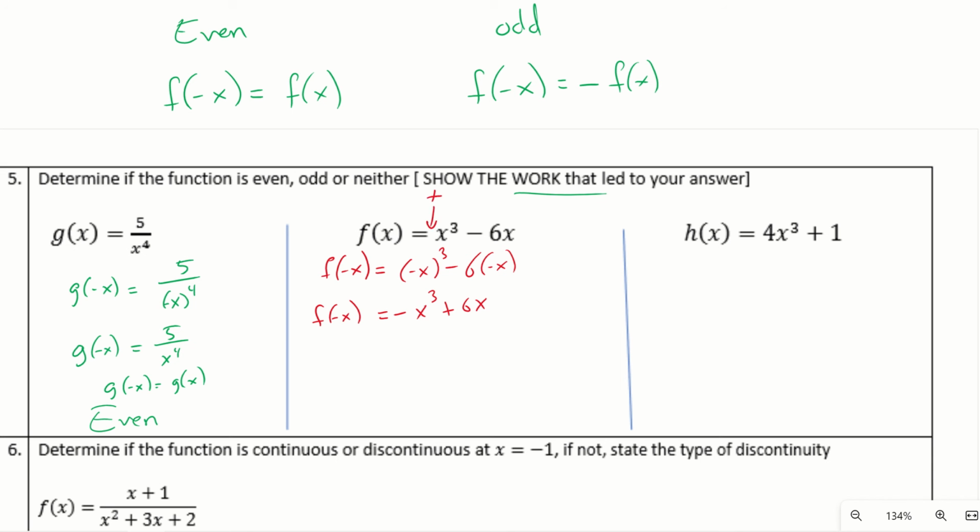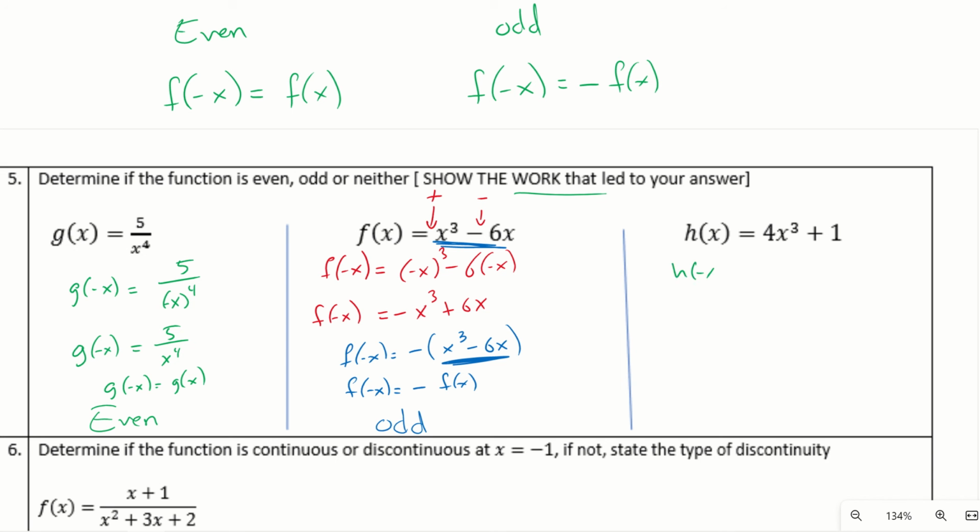We started with a positive and then a negative, and we are ending with a negative and a positive, which indicates that it all switched by a negative, right? If you want to be a little more technical, I can factor out a negative, and I have x cubed minus 6x in the parentheses. And if you notice, this is exactly f of x. So if you want to go the extra mile, I have f of -x is equal to negative f of x, which is enough to show that it is an odd function.